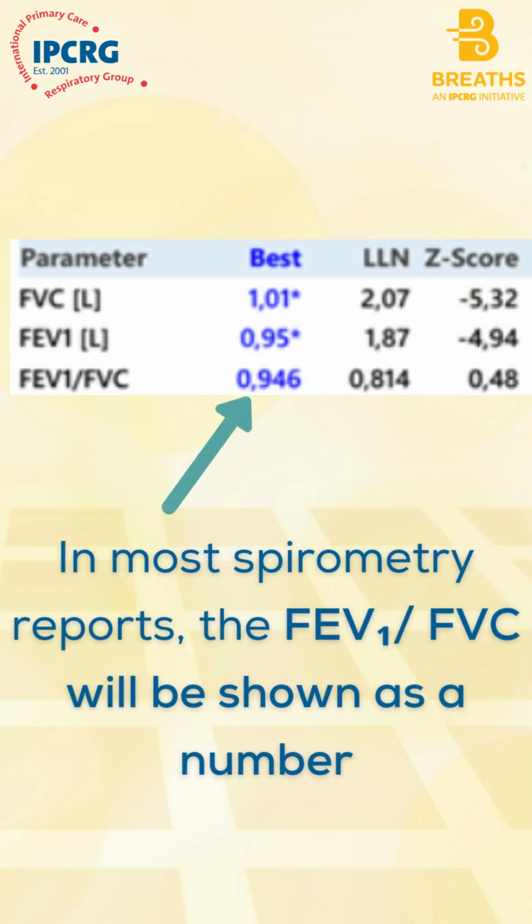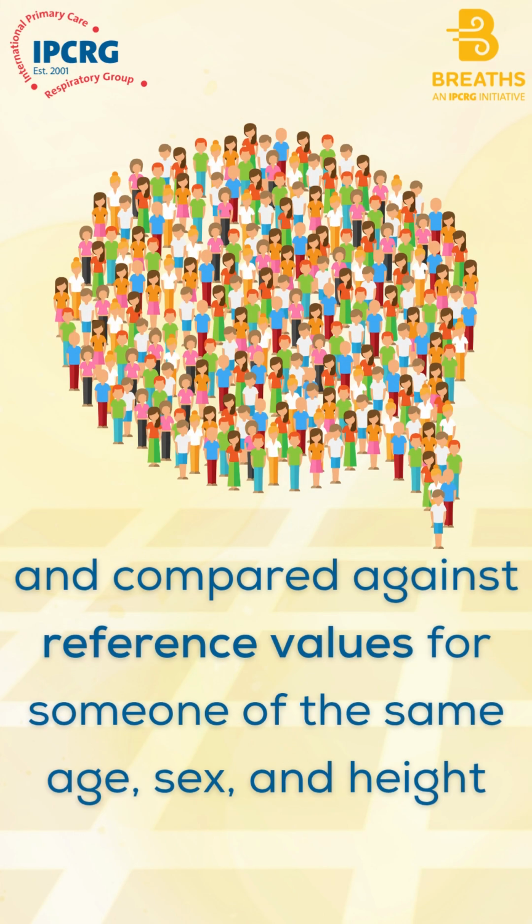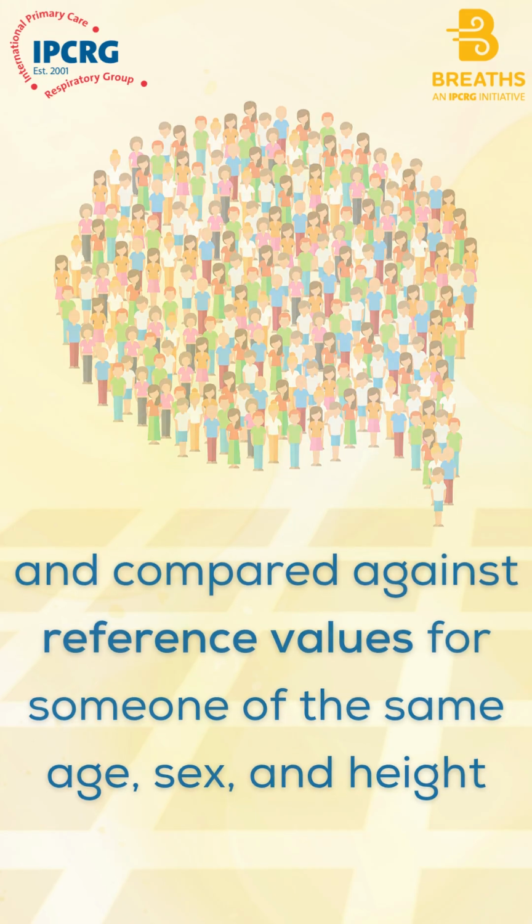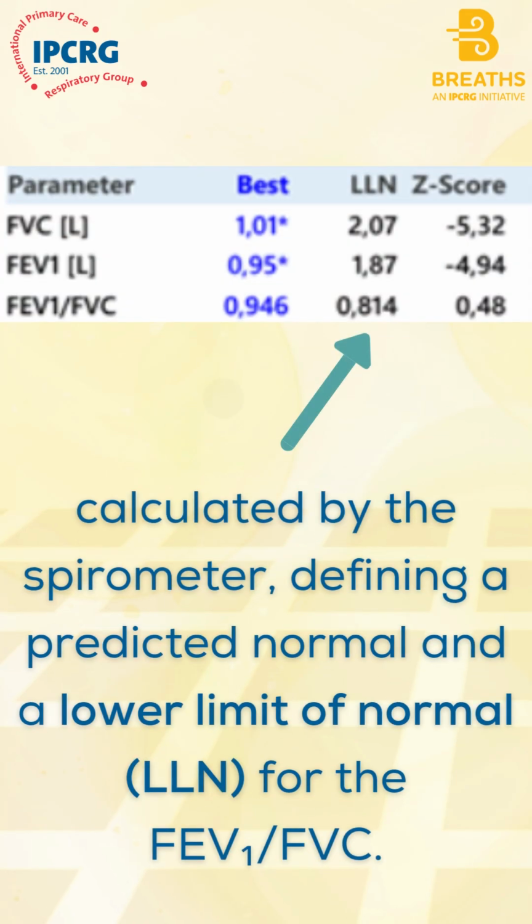In most spirometry reports, the FEV₁ to FVC ratio will be shown as a number and compared against reference values for someone of the same age, sex, and height, calculated by the spirometer, defining a predicted normal and a lower limit of normal, LLN, for the FEV₁ to FVC ratio.